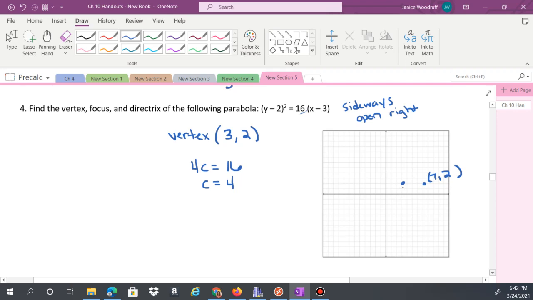And then what's the directrix? Right here. Yeah, this is 4, this is 4. We're going to go through this up and down. x equals -1. And vertex, focus, directrix. There you go. So it's going to go like that.